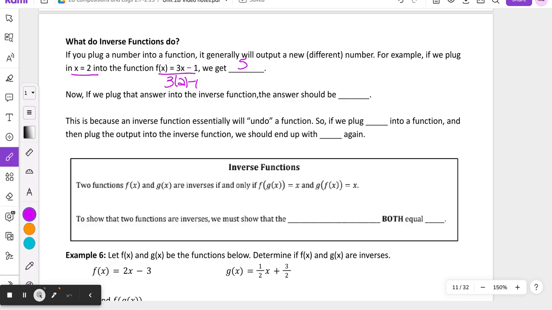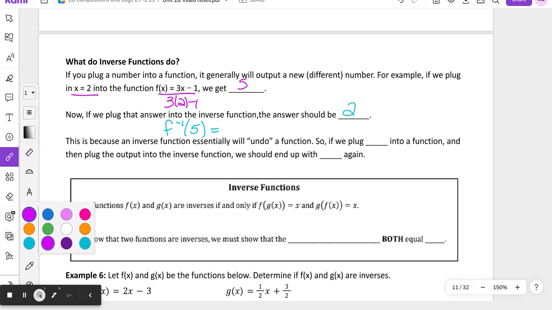Now, if we plug the answer 5 into the inverse function, the answer should actually be the original input, because what we just showed was on f, we have the point (2, 5). If we switch to the inverse, we should have the point (5, 2), right?